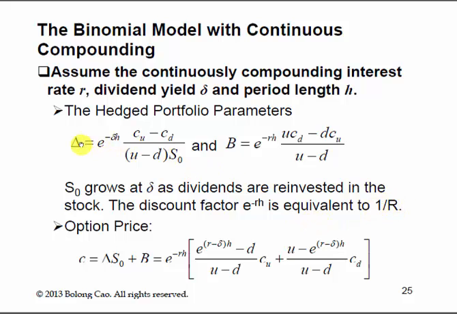Now put this delta and the borrowed money into our pricing formula. What do we have? Again, something very similar to what we had before. The first term is the risk-free discounting, and then the payoff for the up and down states, the option payoffs, is still there.